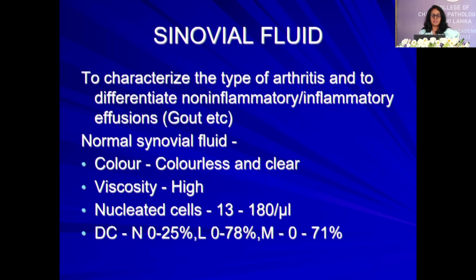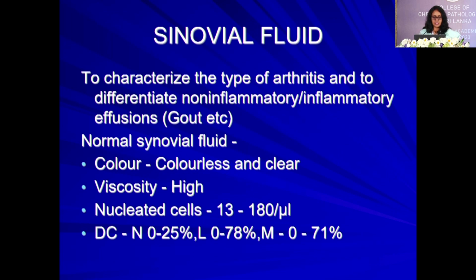When you move into synovial fluid, to characterize the type of arthritis and to differentiate the non-inflammatory or the inflammatory effusions, we have to analyze synovial fluid. Normal synovial fluid is colourless or clear, and the viscosity is high.